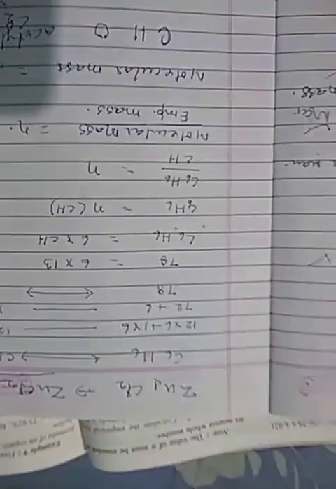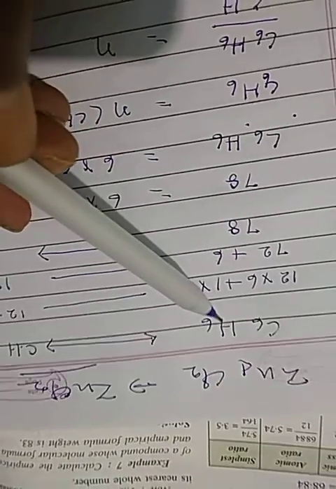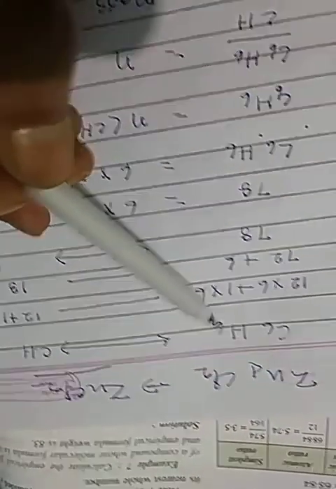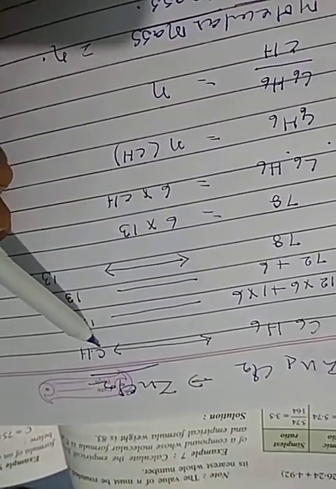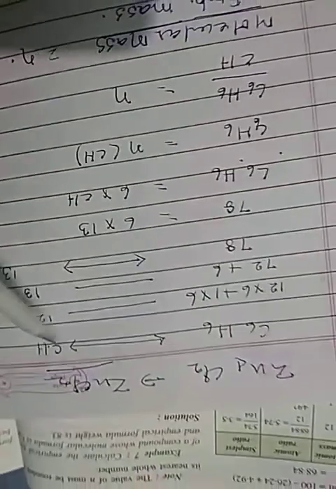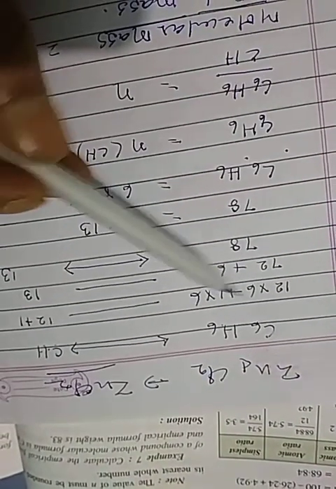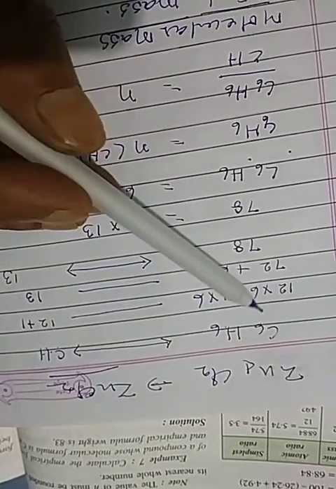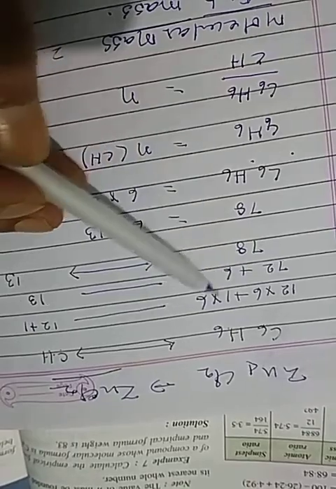First you see here, this is your benzene, C6H6. Its empirical formula will be CH. What will be its mass? Its mass will be 12 into 6, 72, plus 1 into 6, so 78.